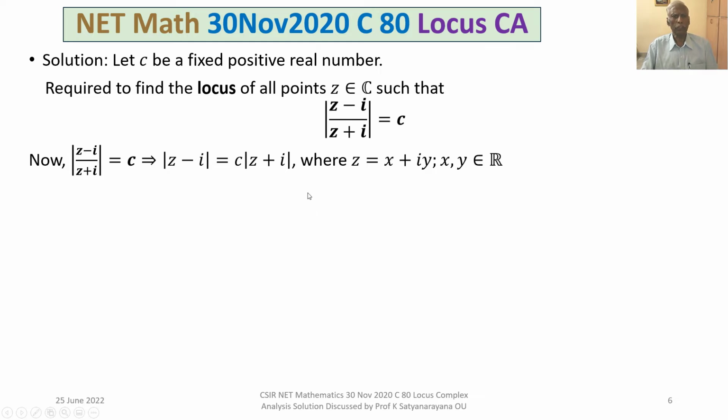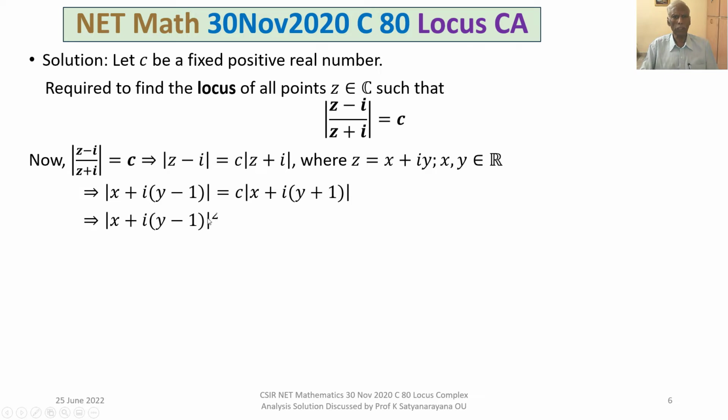Writing x plus iy for Z and simplifying, we get modulus of x plus i times (y minus 1) is equal to C times modulus of x plus i times (y plus 1).